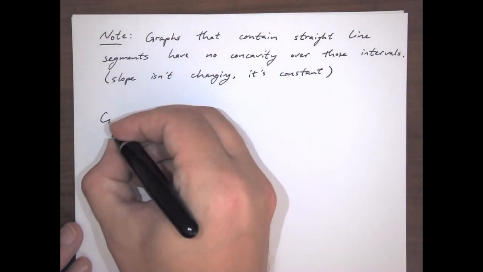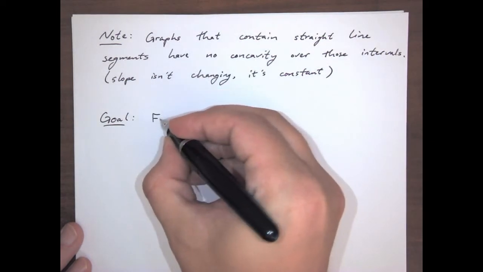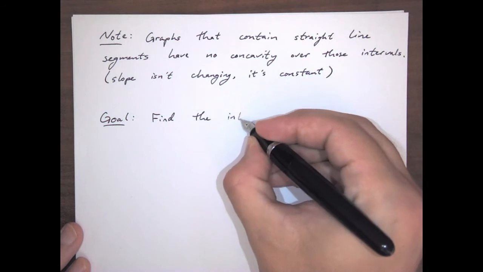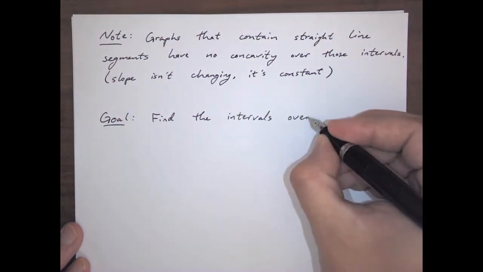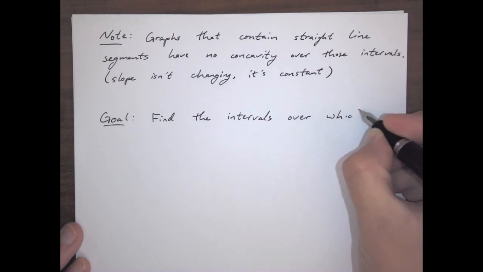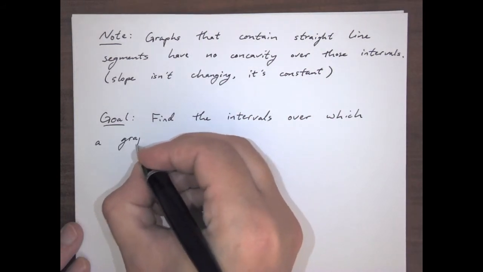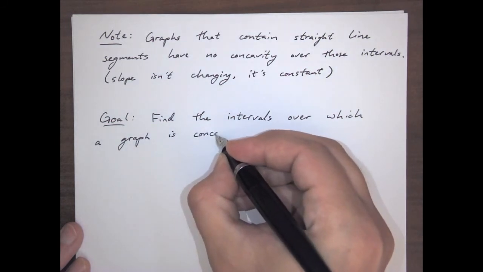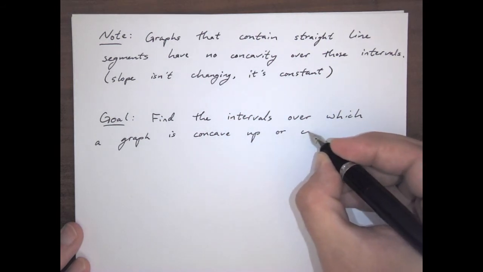So the goal here would be to find the intervals over which a graph is concave up or concave down.